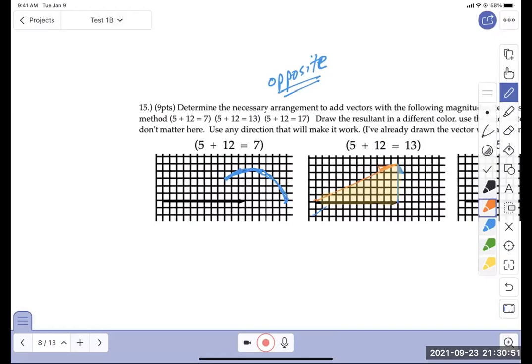That puts me right there at 2.5. I'm going to keep going on my arc until I hit it. Right there, I hit it. And then that would be my 5.